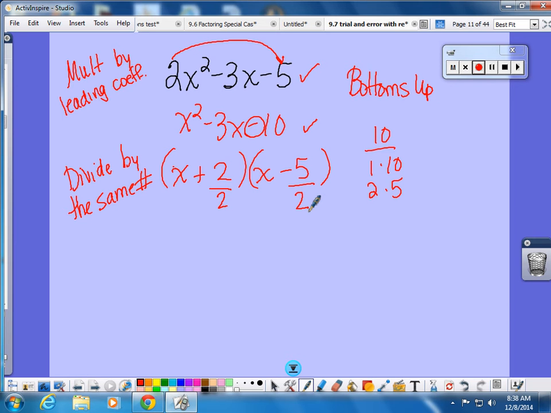This is actually a perfect example because it has one of each. It has one that reduces and one that doesn't. All right, if they reduce. Okay? If they don't, this number is on the bottom. I'm going to take it up. That's the name, bottoms up, okay? This 2 is going to go from the bottom up here.